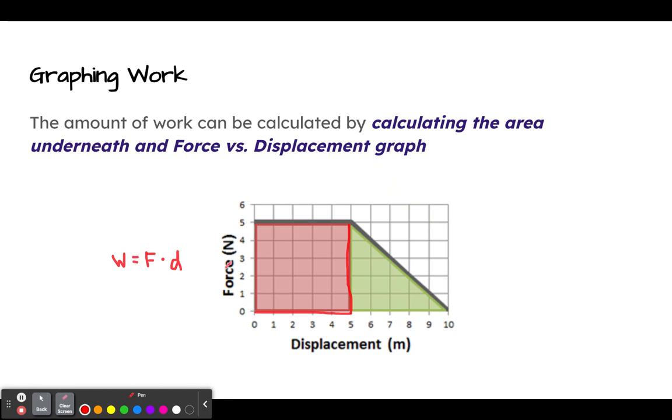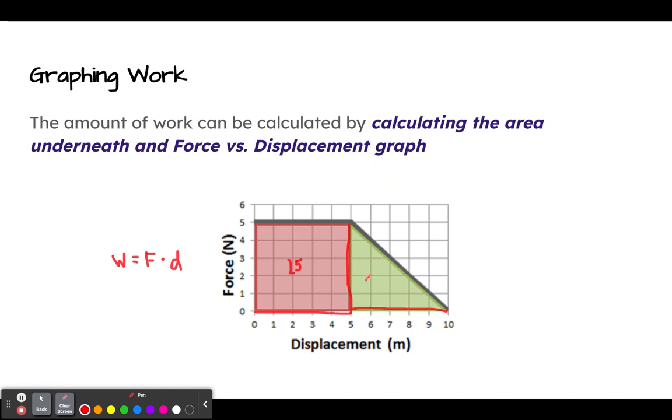I'll let you guys play around with this. If you were to calculate the work here, you would need to take the area of the rectangle, which is 5 times 5, so 25, and then add that to the area of this triangle. The area of a triangle is equal to 1/2 base times height.